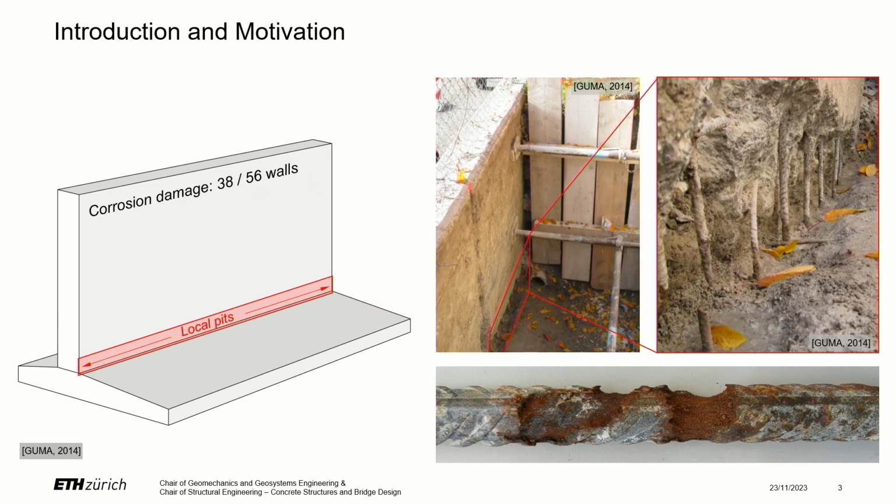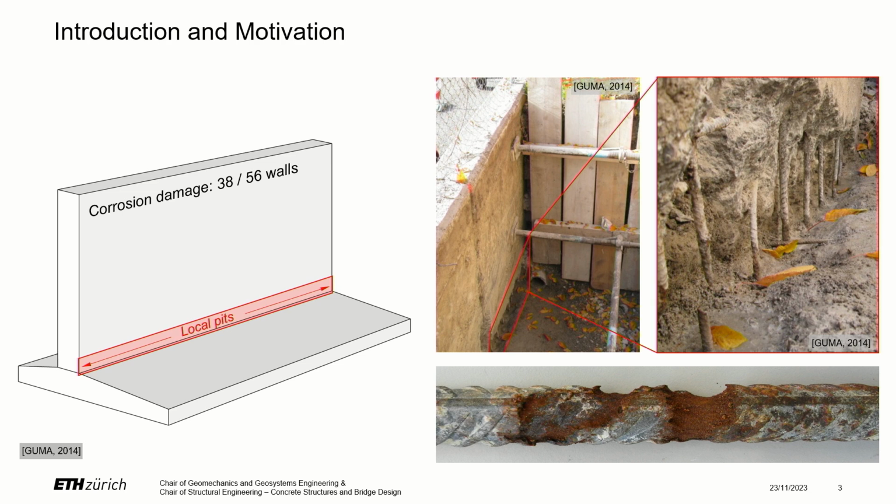But why are these walls corroding? The pilot revealed that the corrosion is located mostly just above the footing at the construction joint, and as we heard, it's not due to chlorides, but due to honeycombs from bad compaction of the concrete.